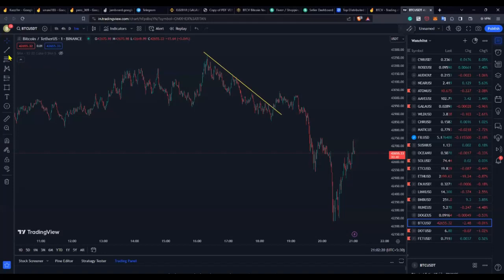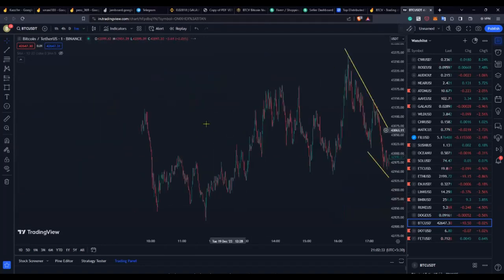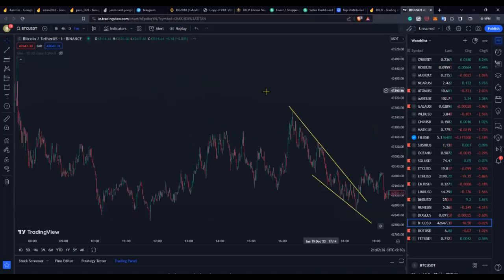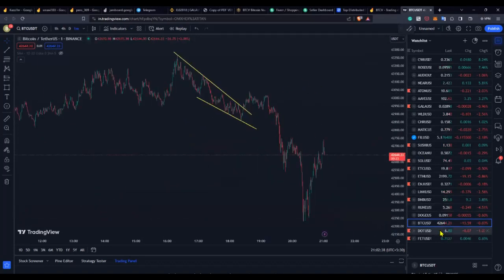So that is also a trend line. Now, this can be a trend line too. So this one, I believe, 1, 2, 3. So that's a trend line. Trend lines are everywhere. It's very easy to understand, easy to figure out. You just need a little bit of practice. That's it.